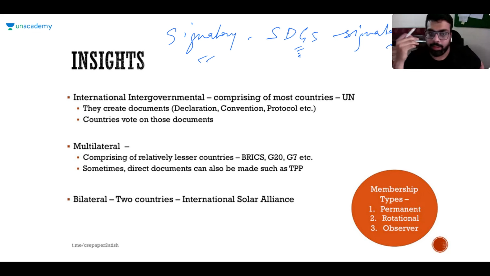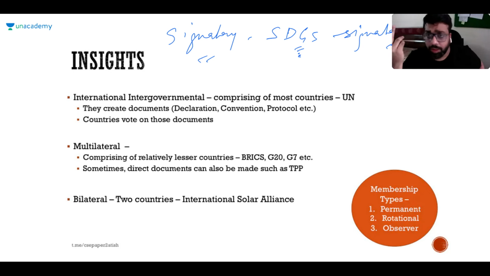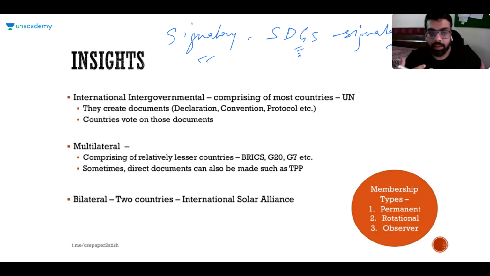BRICS, which is Brazil, Russia, India, China, South Africa, G20, G7, the European Union for that matter. These are very small, and because they're very small, they comprise a relatively lesser number of countries. Okay, and that's the larger idea. Clear on this? So that's what is meant by multilateral organizations.